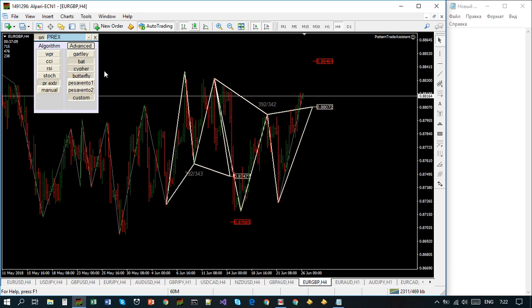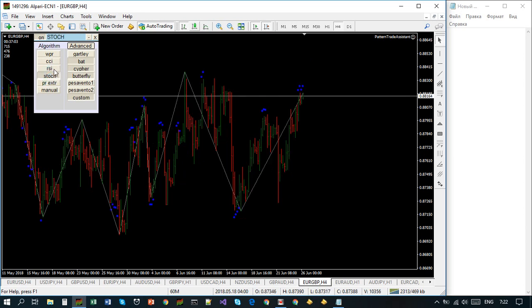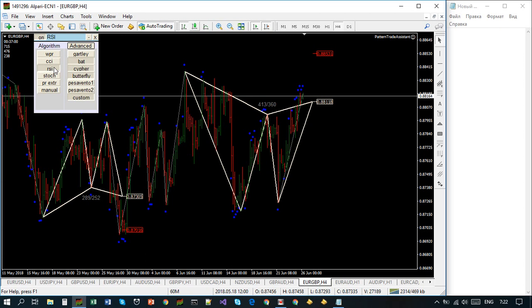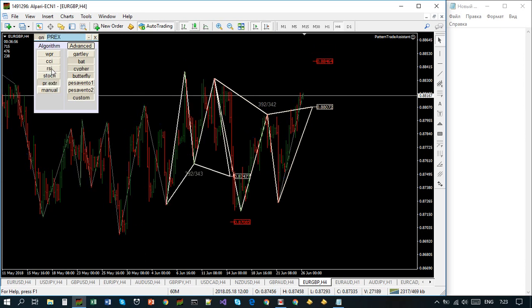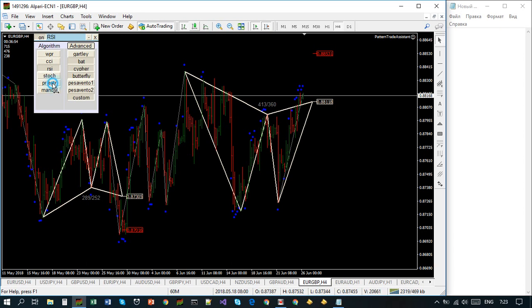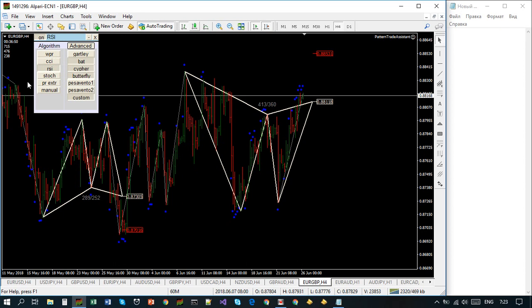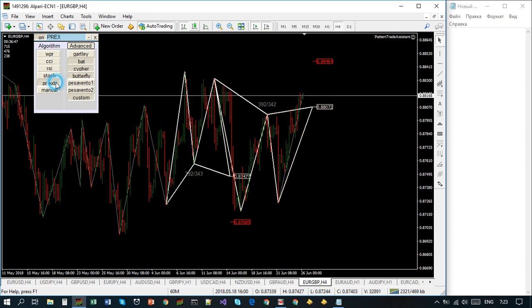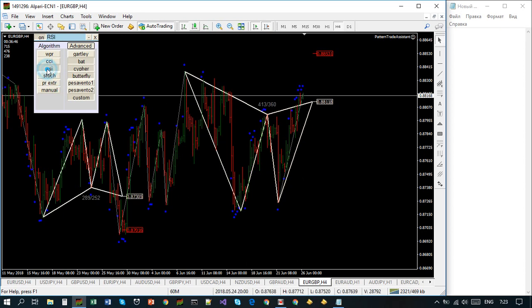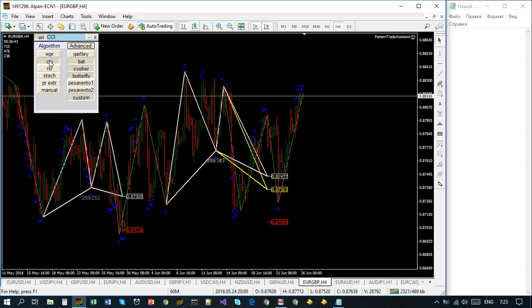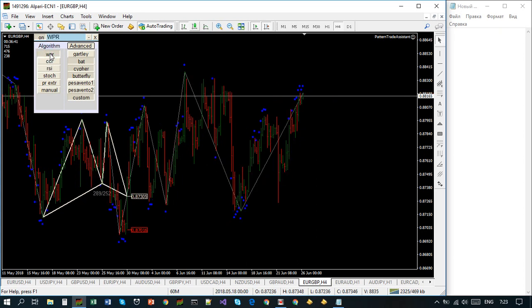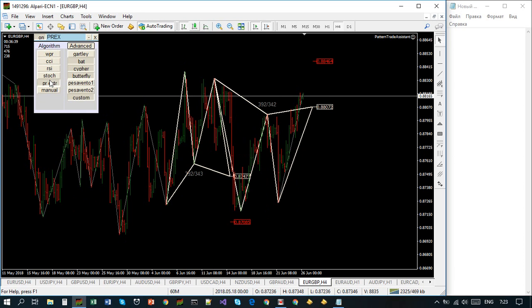Okay, now let's see if this pattern is supported by other algorithms and if this pattern is obvious. Not for stochastic, not for RSI, well, pretty much the same. Yep, pretty much the same, slightly different starting point for the RSI, but both of them say that it already completed. Commodity channel index, no pattern, and WPR 2 of 3.